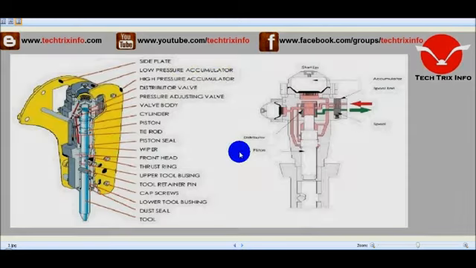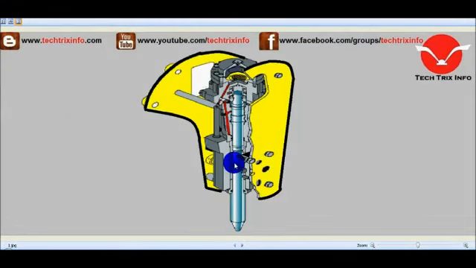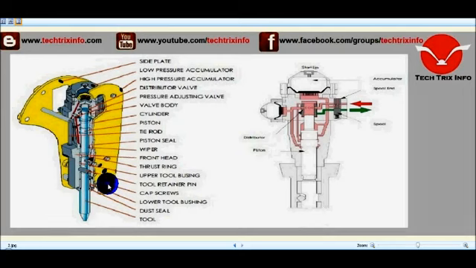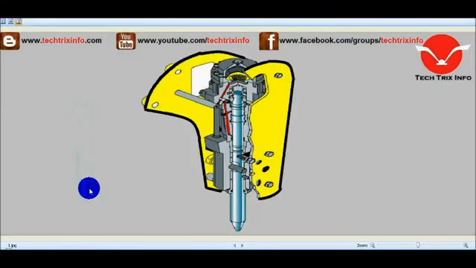Okay, the upper tool bushing will be happening over here. The upper tool bushing will be happening at this portion. And the cap screw here, you can see the cap screw. Then the lower tool bushing will be happening here. Then the dust seal will be here to prevent the dust particles from entering. You can see this black point over here.